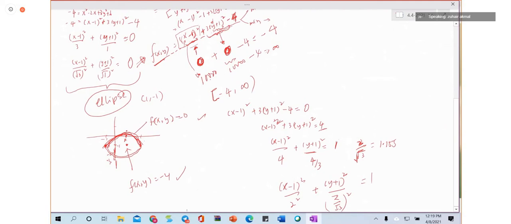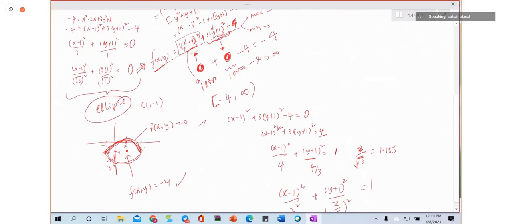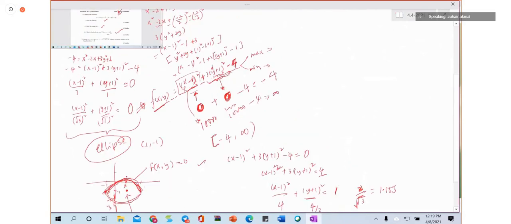How do you get x equals to 3? The x equals to 3. Yeah, here. Oh, there's no here. Okay.